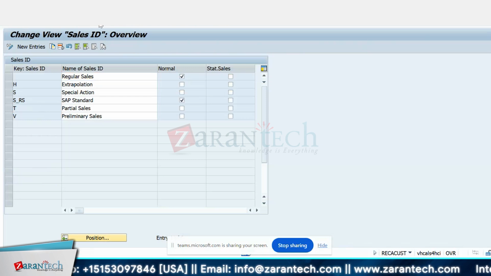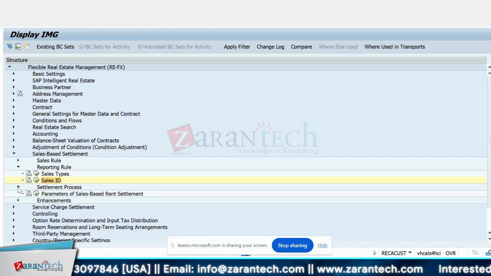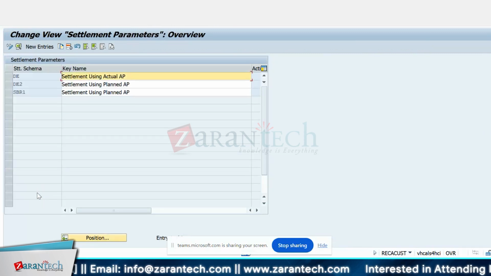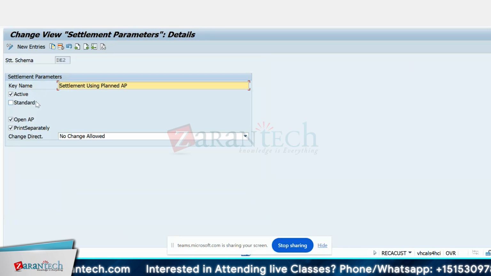So over here you can configure all. Now coming to settlement processes. So all these settlement processes are available. All these settlement schema are available within SAP S/4HANA as part of standard. Apart from that, if you want to configure anything, you can configure that as well.